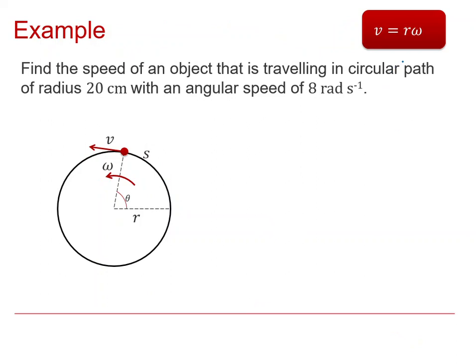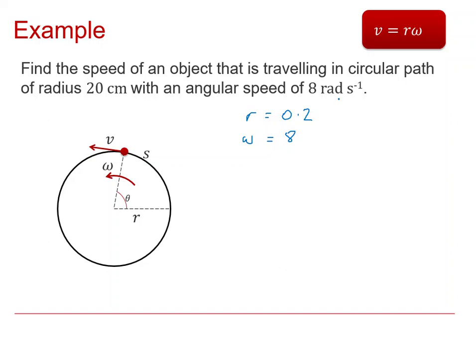You'll notice I've put that fundamental relationship up in the top corner because that's what we shall refer to. So here we've got a typical context. We want the speed of an object that's travelling in a circular path, and the circular path has got radius 20 centimetres. We should immediately recognise that 20 centimetres is not the right units, so we'll say in this context that r is equal to 0.2, working in metres, and the angular speed is 8 radians per second, so omega is equal to 8.